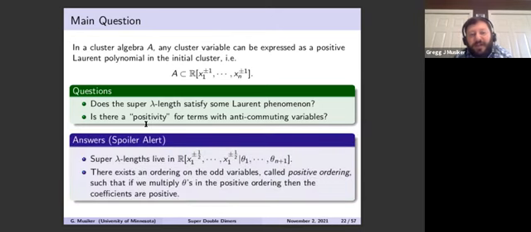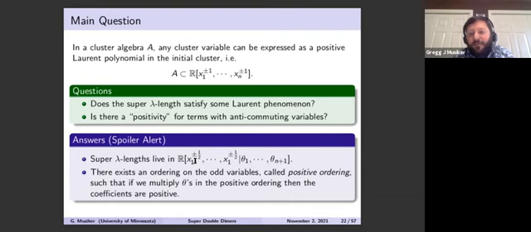So the answer is we can't quite get Laurentness, but we get something like Laurentness involving square-free expressions of the theta i's, which have to be in the numerator. Those are the odd elements. And at most square roots of the even elements, which can be in the numerator or the denominator.